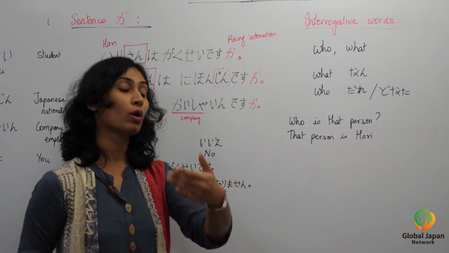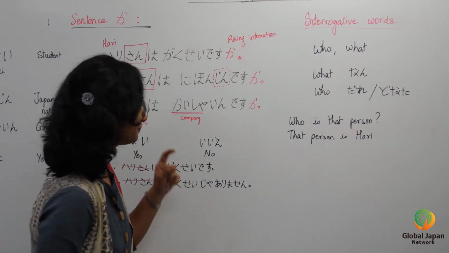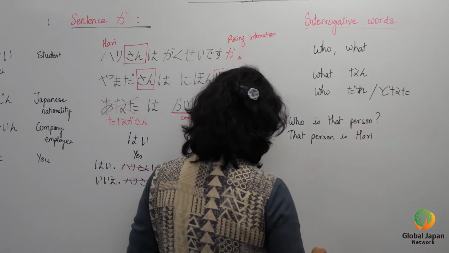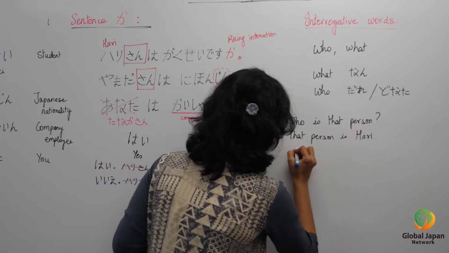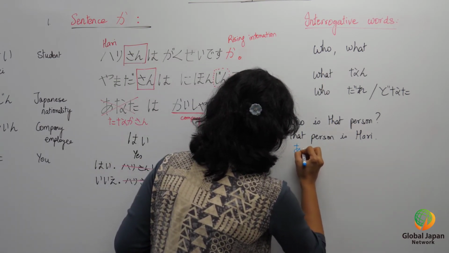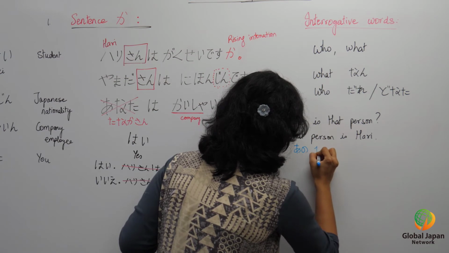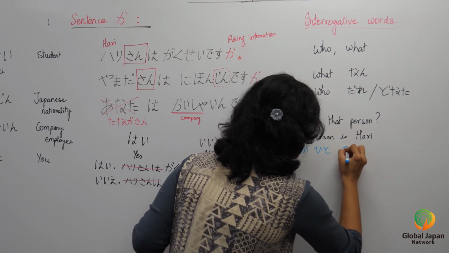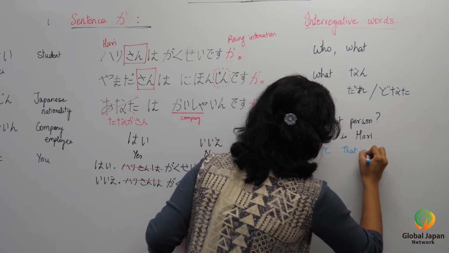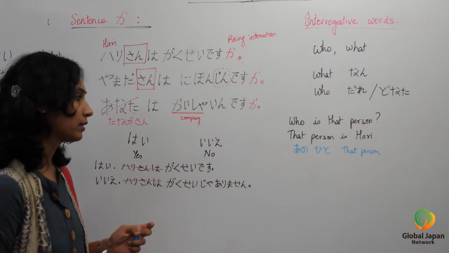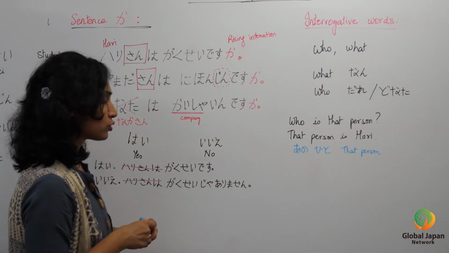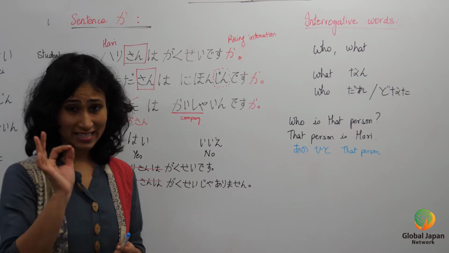Let me see whether you are able to frame the sentence here. That person, the word is anohito, which means that person. Hari, you know nothing about it. So that person is Hari. It's a statement.